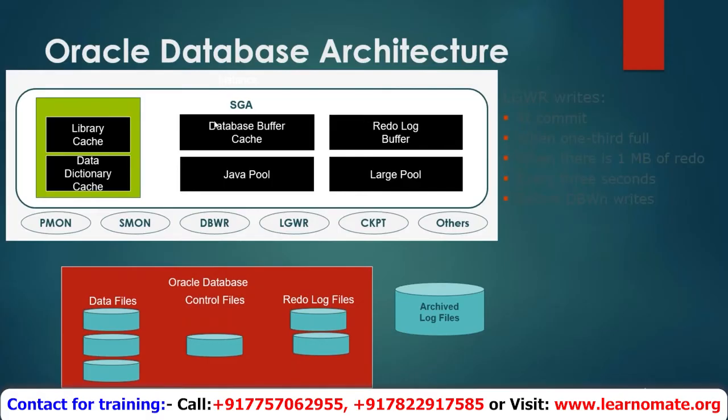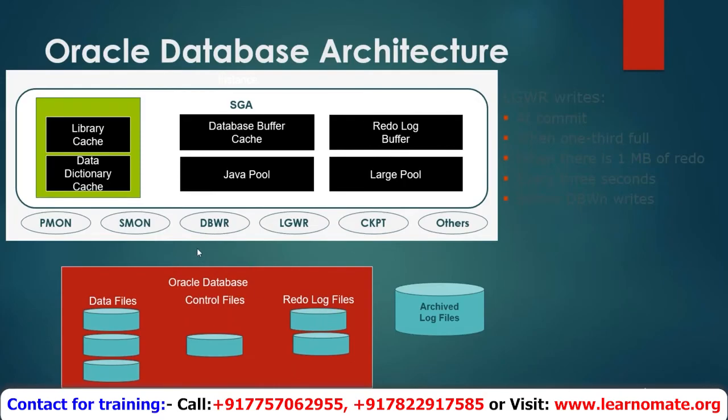A copy of that change, the buffer which has got dirty, will be written into the redo log buffer. And using these background processes, the data will be written into the data files and redo log files.